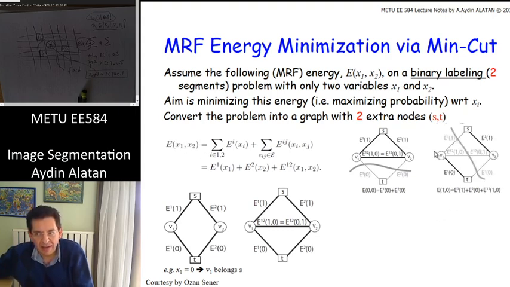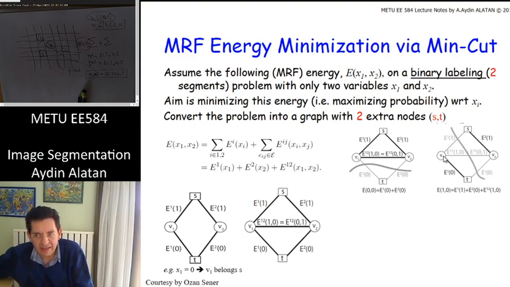The other way, this belongs to here, that belongs to there, okay? These 2, this one is belonging to S, this is belonging to here. Therefore, the cost of belonging to here is written on this one. The cost of belonging to there is written on this one.